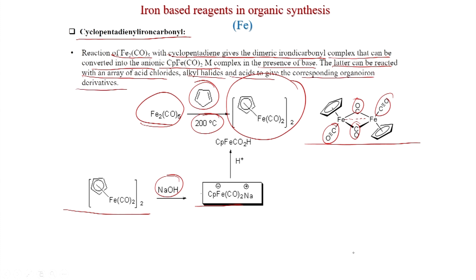So, different reactions can be performed on this, and if you see this structure, there is a negative charge on the iron and sodium of course is plus. Now, if you treat with H plus, then you get this CpFe(CO)2H.